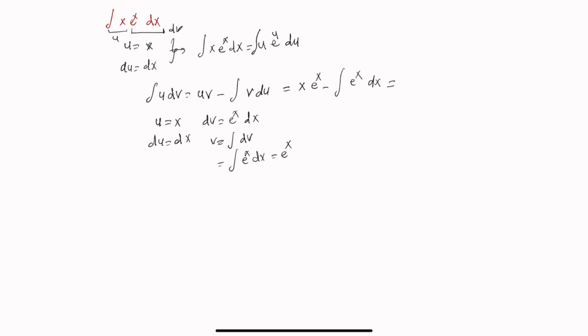This is equal to x e to the x minus the antiderivative of e to the x, which is e to the x, plus c. Notice we have common terms, so I'm going to factor these out. It's going to be e to the x times (x minus 1) plus c. And that is our antiderivative for the given integral on top.